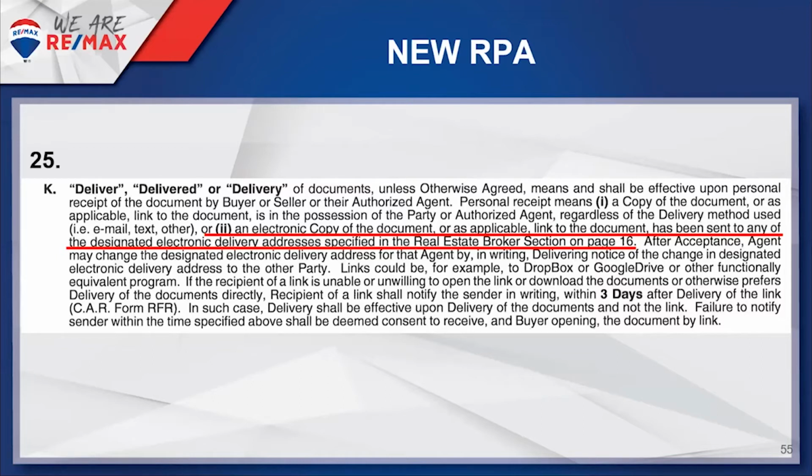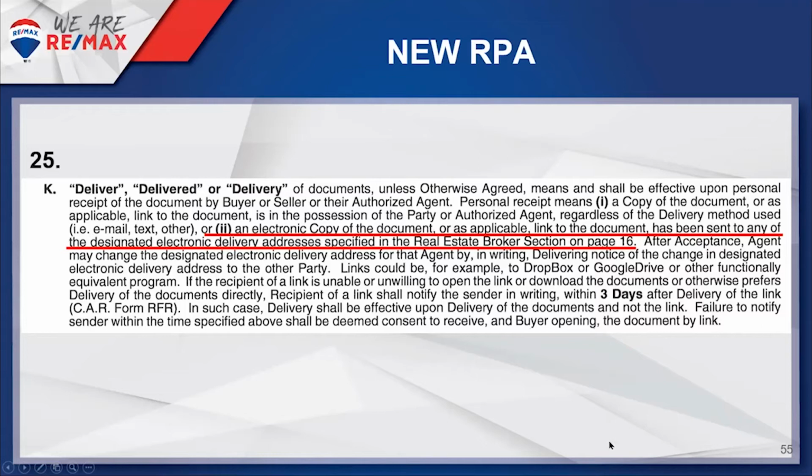If it went to a valid email address that was associated with the recipient, then them saying, oh, gee, I didn't open it, or gee, my email was down, my computer didn't work, I was away for the weekend, I didn't check my email until Monday, all those arguments go out the window, because delivery is the minute or the second it's sent to a valid address.